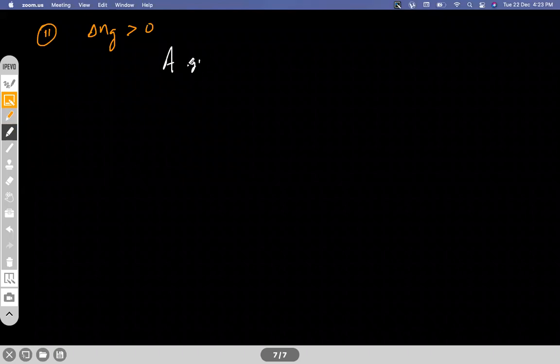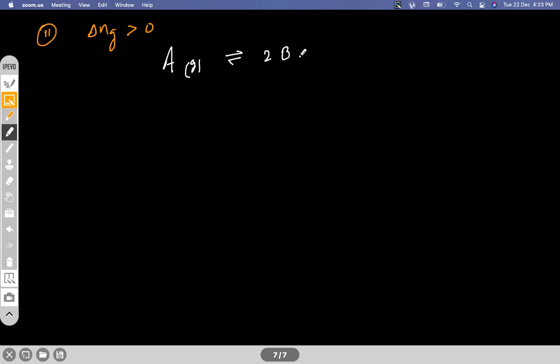Suppose we have another one in which delta Ng is not 0. Suppose we have greater than 0. Anything we can assume like this. Okay, so we can write an equation like this: A gas gives 2B gas.